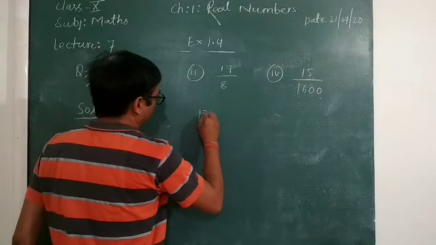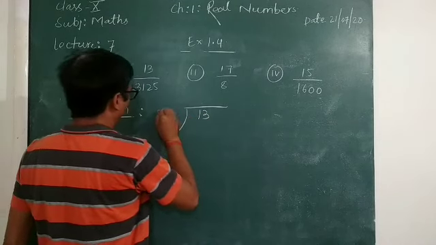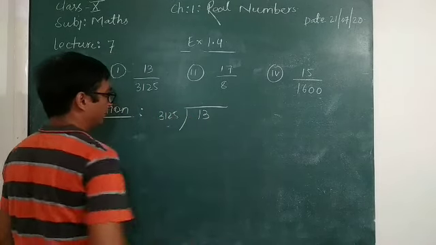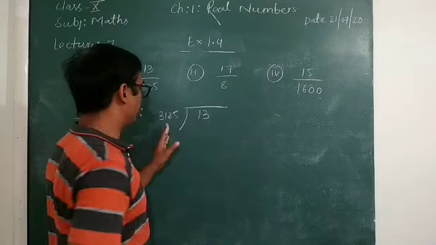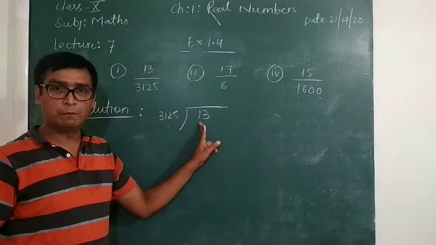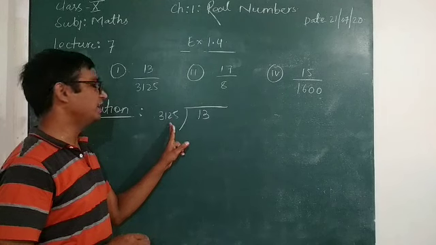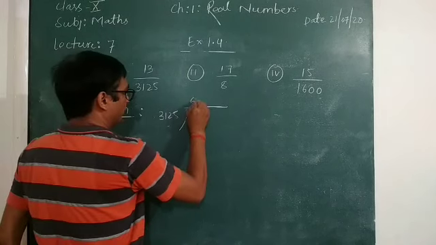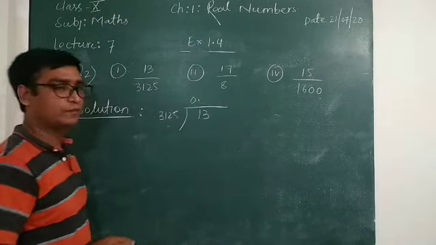So 13 upon 3125. If you see, your dividend is much smaller than the divisor. So first of all we will put here 0, then a point.